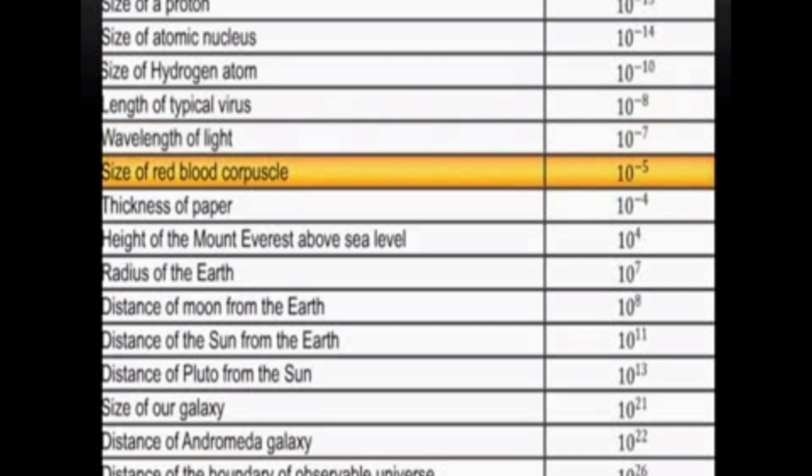Then 10 to the power of 4 to 10 to the power of 26 are the very large values, used to measure the radius of the earth, distance of the moon from earth, distance of the sun from the earth, distance of Pluto from the sun, then the size of our galaxy and the Andromeda galaxy. The Andromeda galaxy is very close to us. So these units are used to measure very small and very large things.